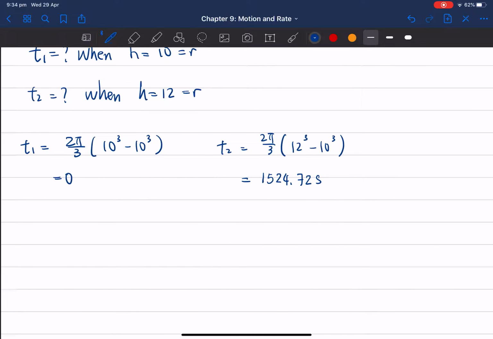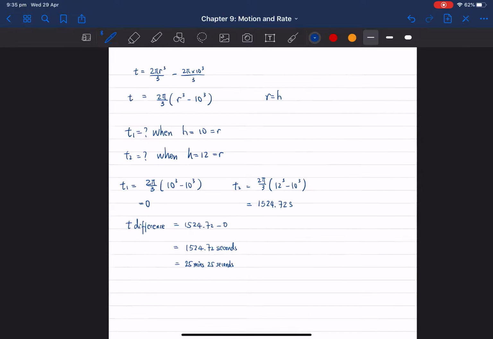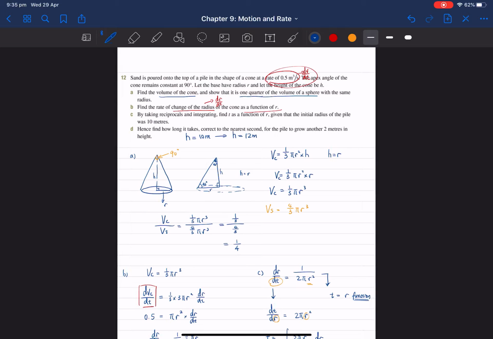So the time difference is equal to 1524.72 minus 0, which is equal to 1524.72 seconds. And if you want to convert into minutes, divide by 60, and using the degrees-minutes-seconds key, you get 25 minutes and 25 seconds. So that's how long it takes for the radius, or the height, to increase by 2 meters.